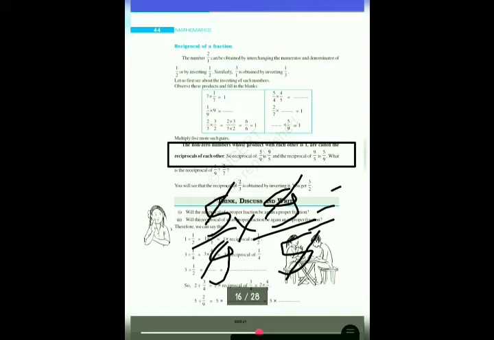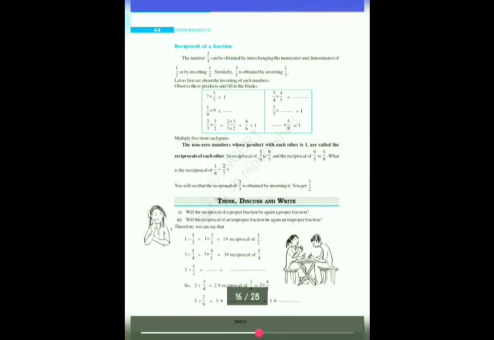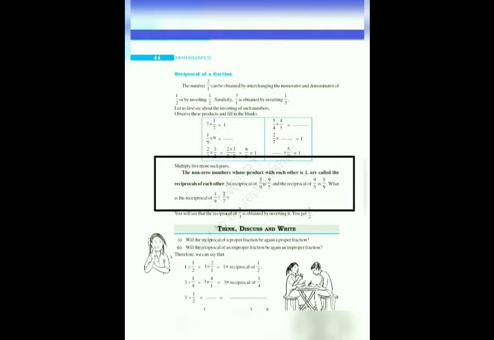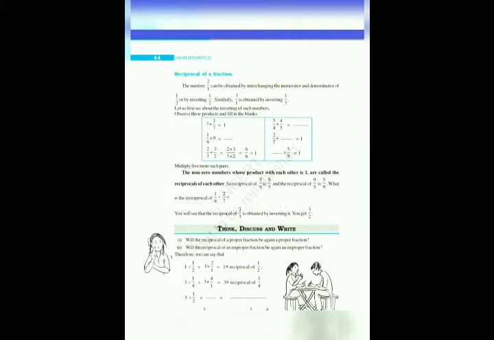So our answer becomes 1. So we can see that non-zero numbers whose product with each other is 1 are called the reciprocal of each other. For example, 5 by 9 is the reciprocal of 9 by 5, and the reciprocal of 9 by 5 is also 5 by 9. So here is an example of non-zero numbers whose product with each other is 1.